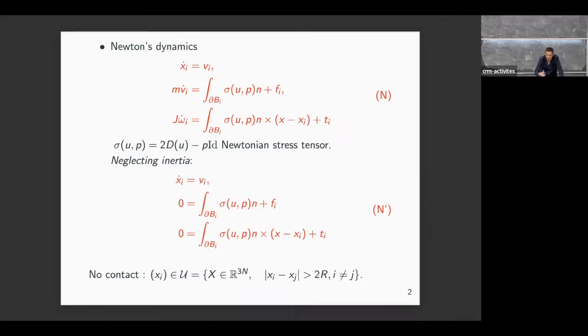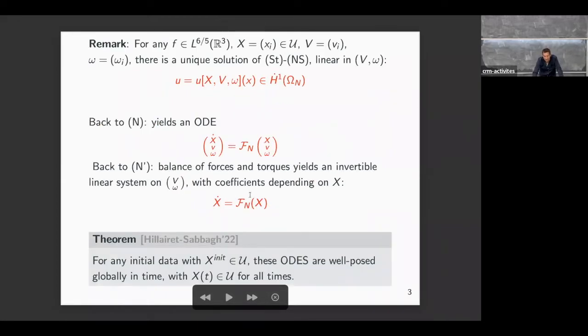So these Vi's, omega i's at the end of the day will depend only on X, and then you will put that in the relation X dot i equals Vi, and this means that once again you will get an ODE, but this time only on the positions. So what we want to know is how this system of ODEs behaves.